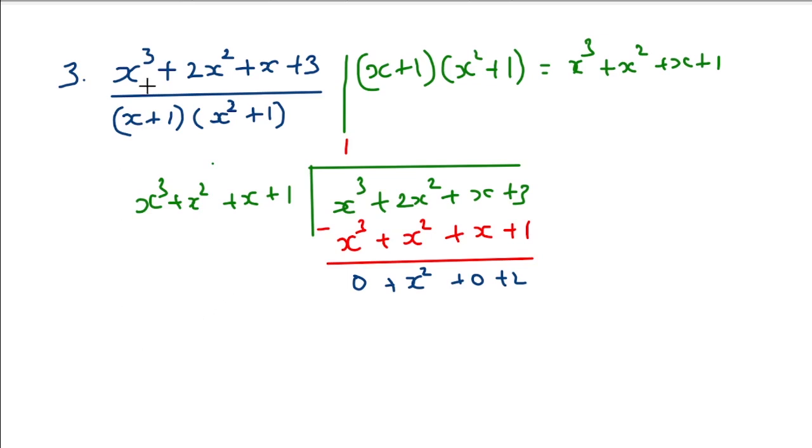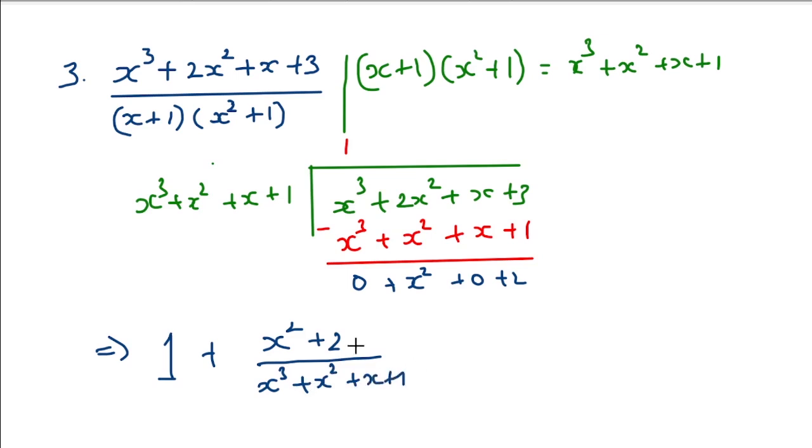So our fraction now becomes the quotient, which is 1, plus the remainder, which was x squared plus 2, over the divisor, which was x cubed plus x squared plus x plus 1. Now we go forward and use the steps of decomposing partial fractions to decompose this proper fraction.